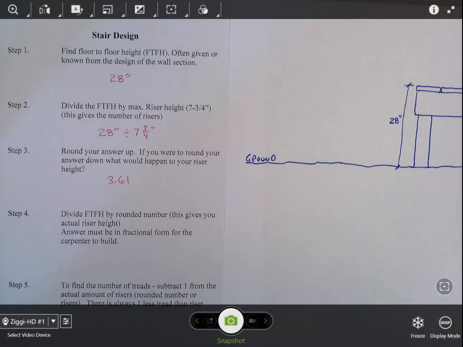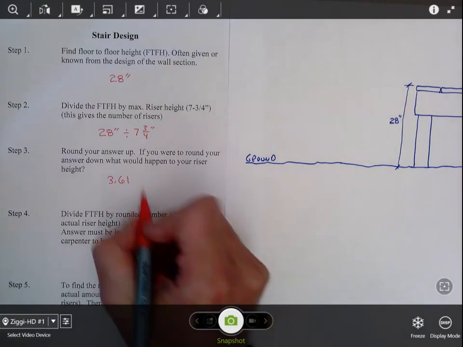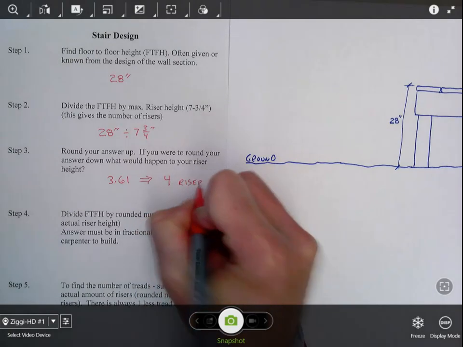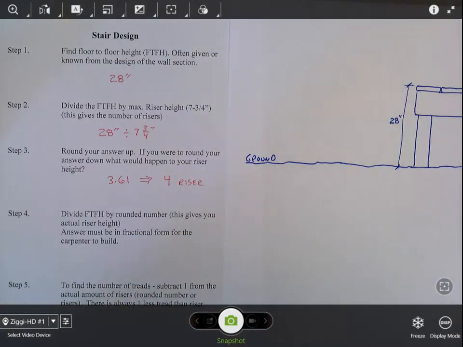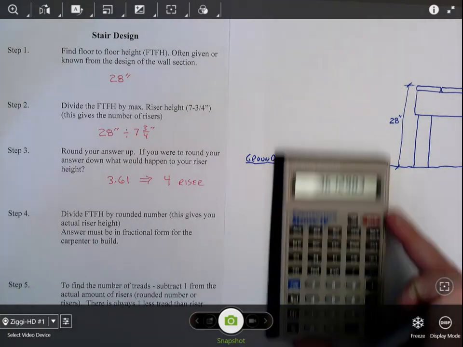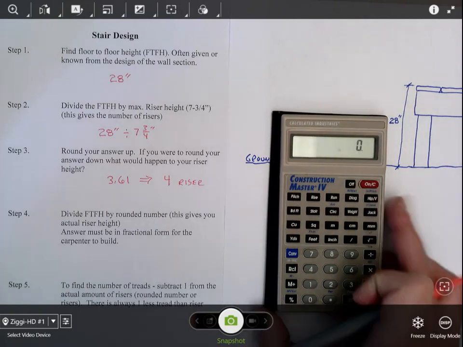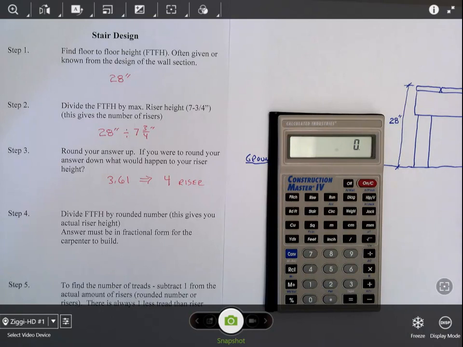The problem is we can't have 6/10 of a riser. We can either have 3 risers or 4 risers. So we have to make a decision whether to round that number up to 4 or down to 3. In this instance, we're going to round up to 4 risers. I asked the question: if you were to round your answer down, what would happen to your riser height? We can do that just to see, so that you understand what's happening whenever you choose to round up or down.